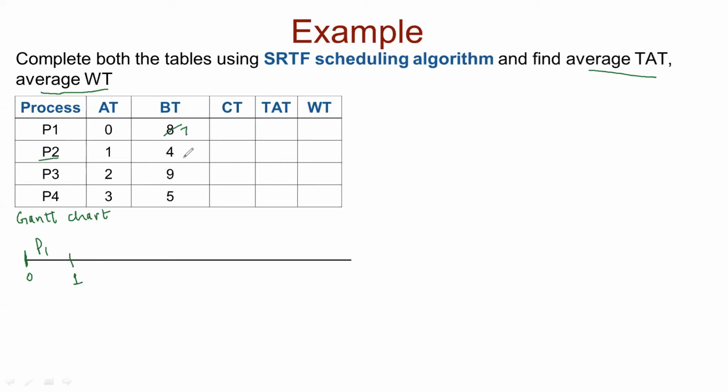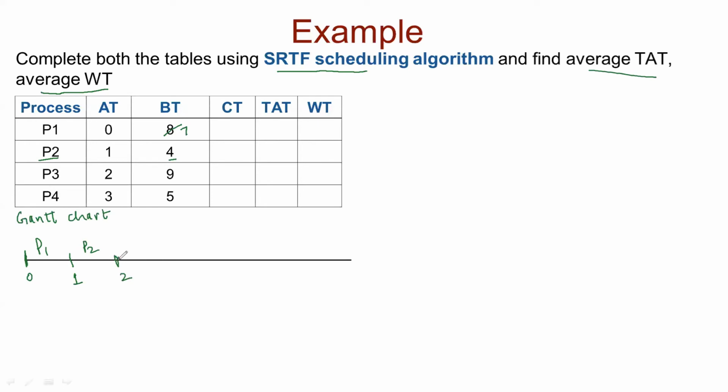Now what the scheduler will do in the SRTF scheduling algorithm is compare the pending burst time of the process which is in execution with the burst time of the newly arrived process, which in this case is 4, and 4 is less than 7, so the CPU will be preempted from P1 and it will start executing the process P2.